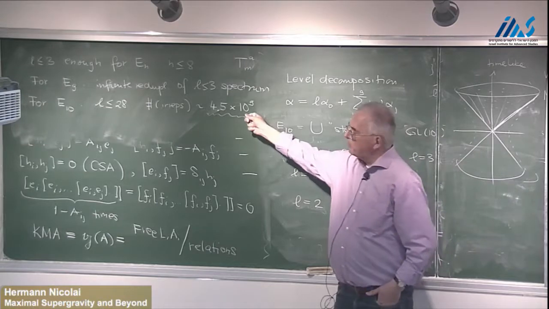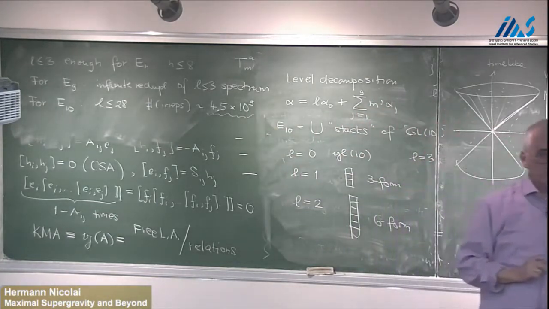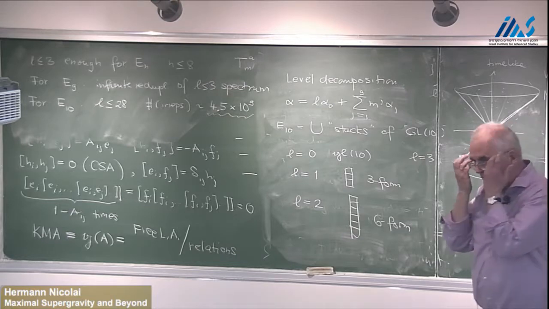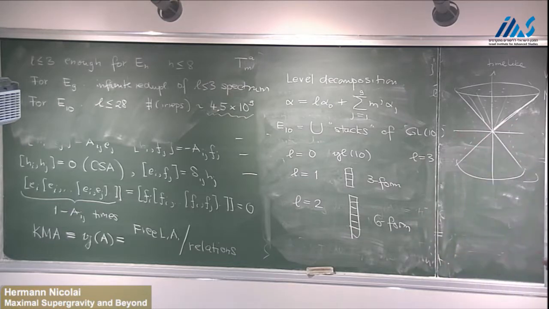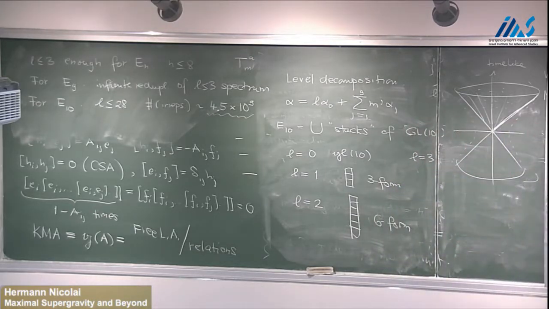Here, even the problem of listing or even only counting the number of Lie algebra elements as a function of length as you move into the light cone is very difficult. Basically, I think some great mathematicians have actually given up on this. But I think it has a little bit to do with the fact that we physicists know so little, and therefore we're not afraid of doing such things.